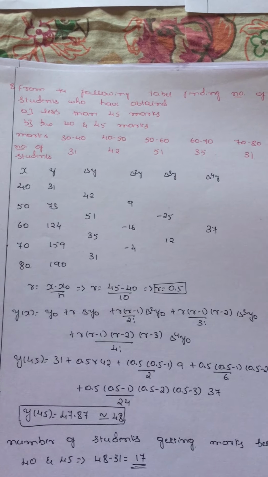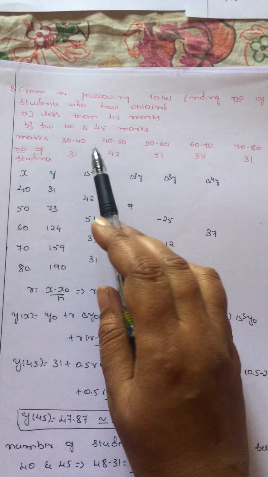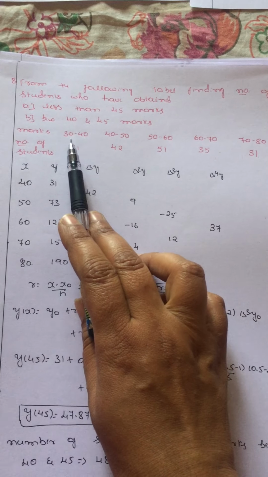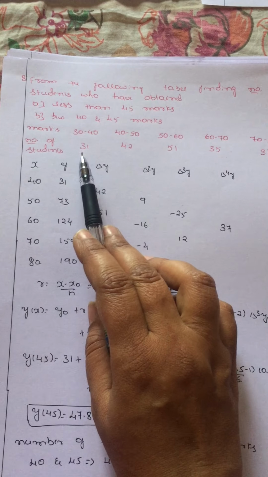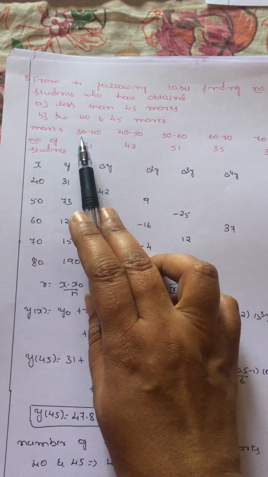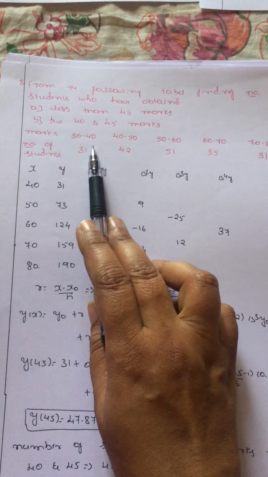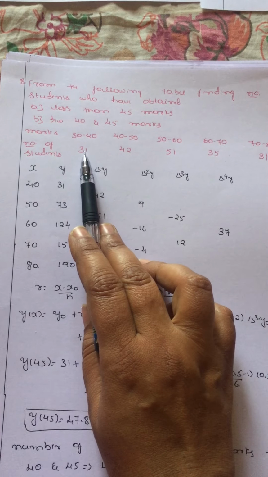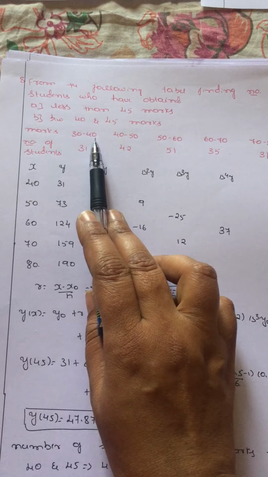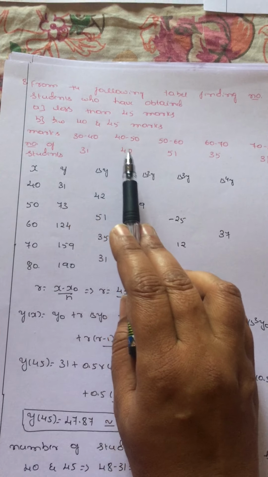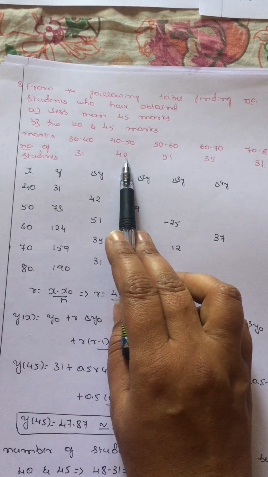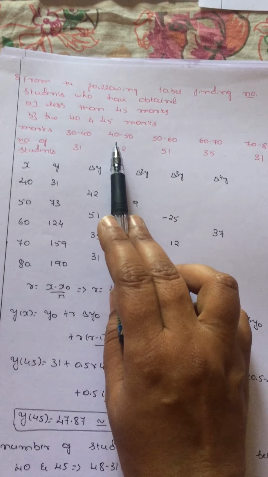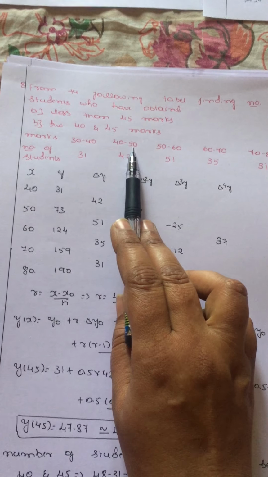It means 31 students have scored between 30 to 40 in this particular subject. It also means 31 students have scored less than 40. Next, 42 students scored marks between 40 to 50.